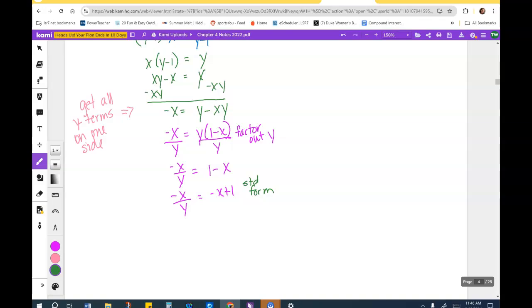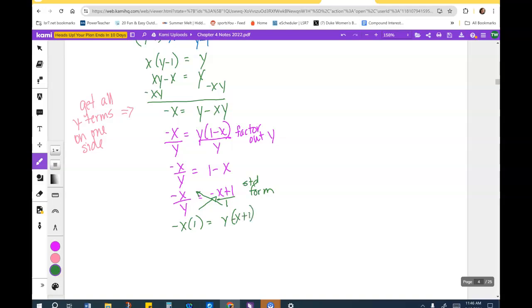Actually, before we factor anything out, let's do this. I'm going to put this over 1, and I'm going to cross multiply. So I have negative x times 1 equals y times negative x plus 1.